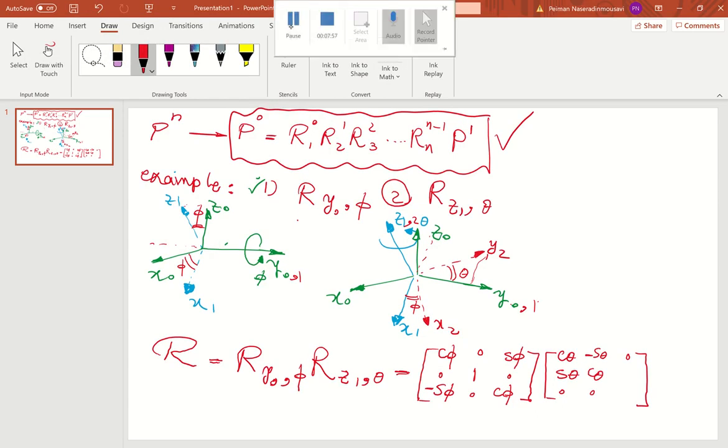Okay, now it's fixed. And 0 and 1. I'm skipping how to multiply because it's trivial, and this is the result that you get after 2 rotations around the current axes.